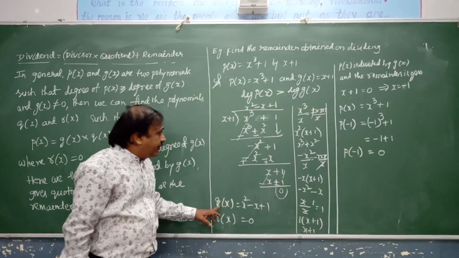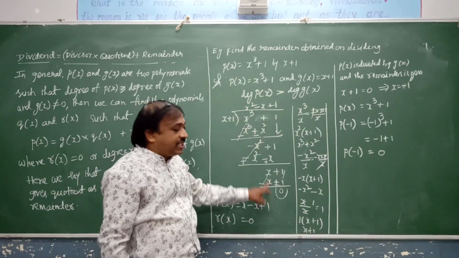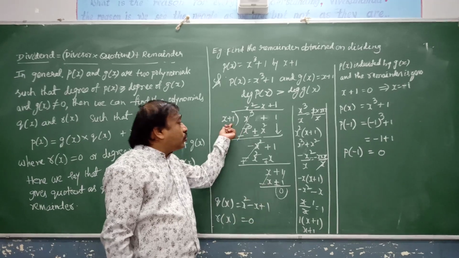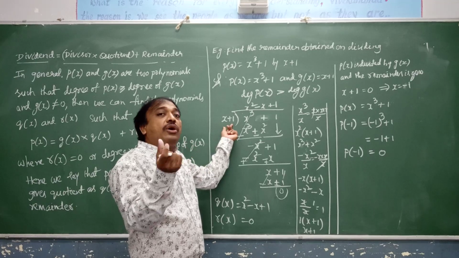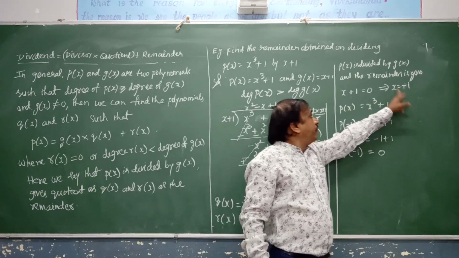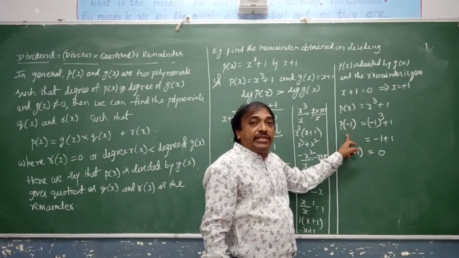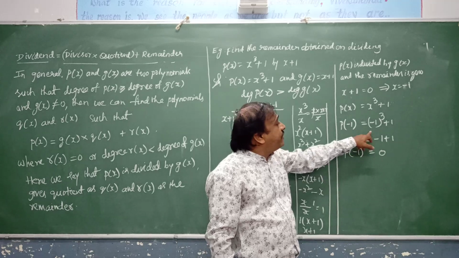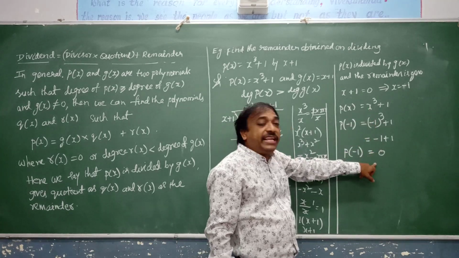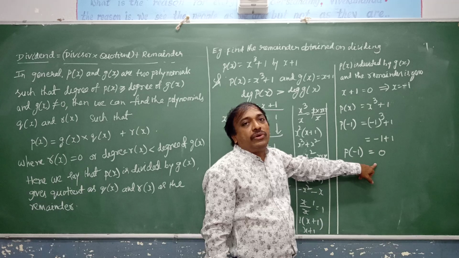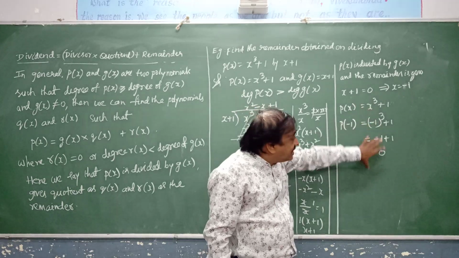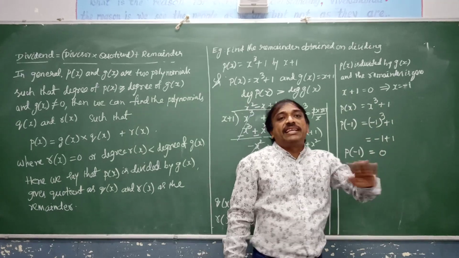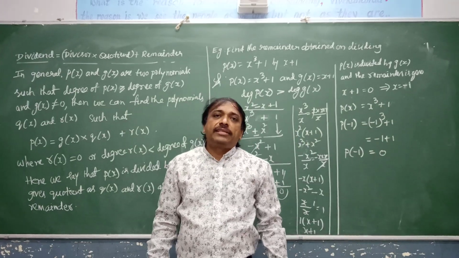Now you see, when you divide by x plus 1, you got the remainder 0. You found the zero of x plus 1, that is minus 1. When you substitute that minus 1 in place of x in the dividend, you are obtaining the remainder 0. I hope you understood. From this we are extending to the remainder theorem.